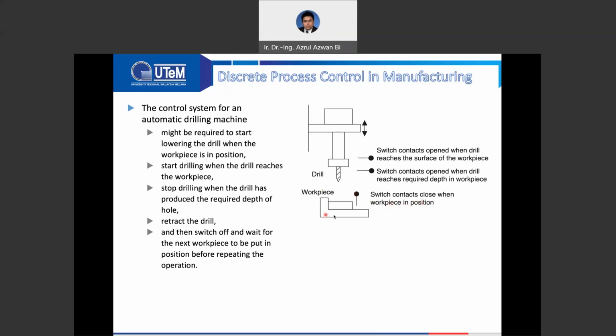So we have a workpiece, we have a drill. The switches detect the presence of the workpiece, the reached depth, and when the drill reaches the surface of the workpiece.